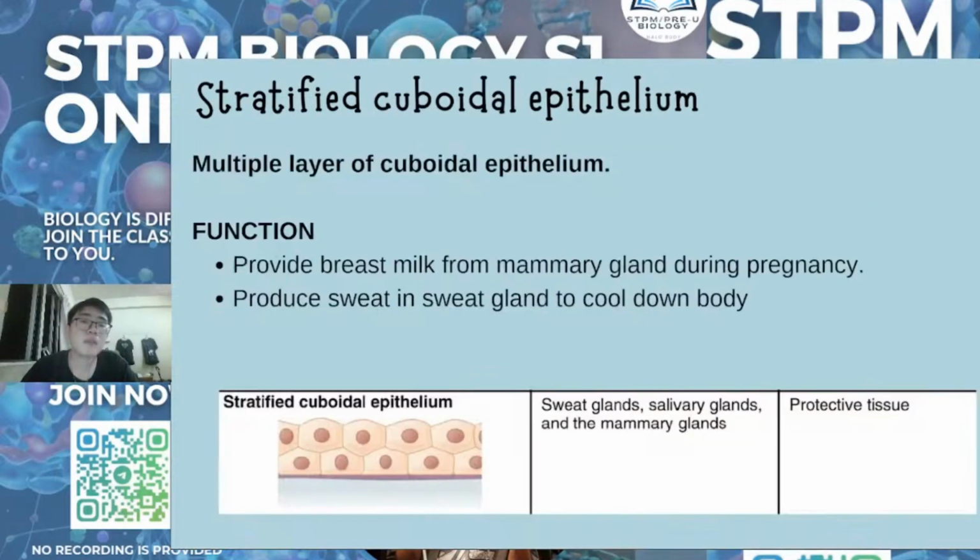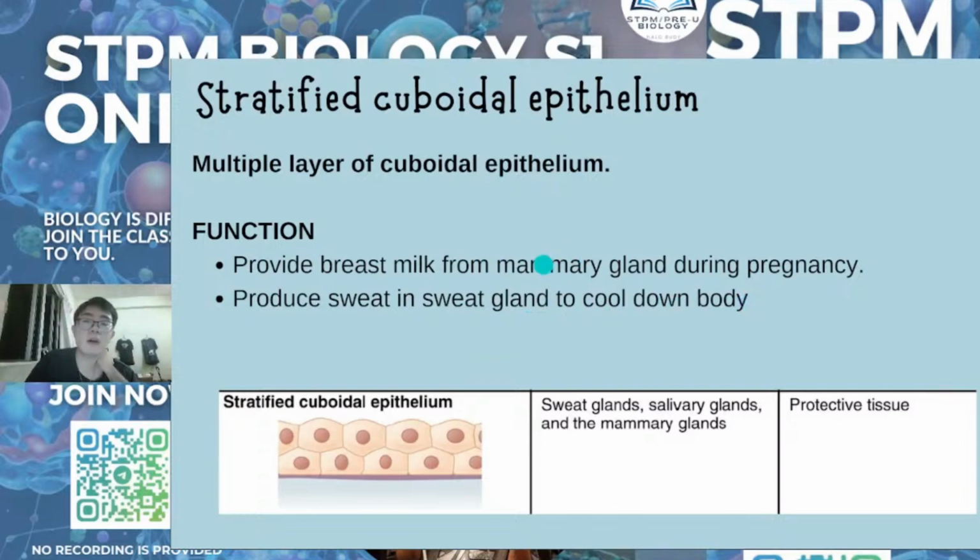Okay, next we'll go to the stratified cuboidal epithelium. The structure is also the same as the simple cuboidal, the difference is just that it has multiple layers. The main functions are to provide breast milk in the mammary gland during pregnancy and to produce sweat in the sweat gland to cool down the body.